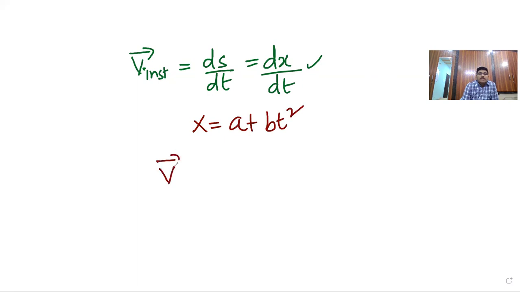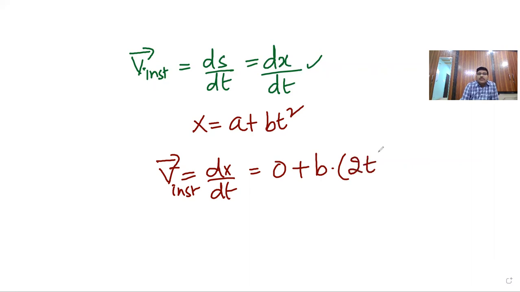So v instantaneous is dx by dt, which is equal to the derivative of constant a. Differentiation of a constant is 0. So 0 plus b constant into the differentiation of t square, with respect to time t. T square differentiation is 2 into t.